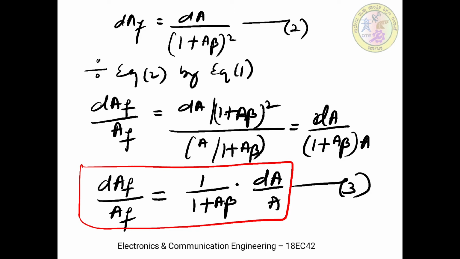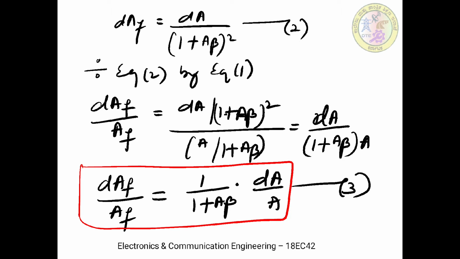Now, equation 3 reveals some important characteristics here. This indicates that the percentage change in gain AF, that is gain with the feedback, due to any variations in the circuit components, is smaller than the percentage change in the open loop gain A by an amount equal to 1 plus A beta.